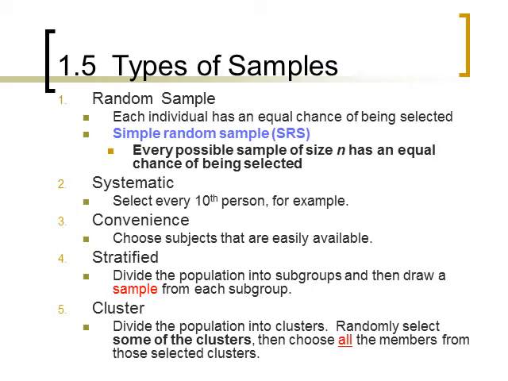Whereas with cluster, let's divide everybody from the population into their zip codes. But then I'm going to randomly select some of the zip codes. So I might select everybody from 65807 and everybody from 65804, and I choose all of the members of that zip code for my sample. So that's the main difference between stratified and cluster. Stratified is a sample from the groups. Cluster, all the members from the group are being surveyed.